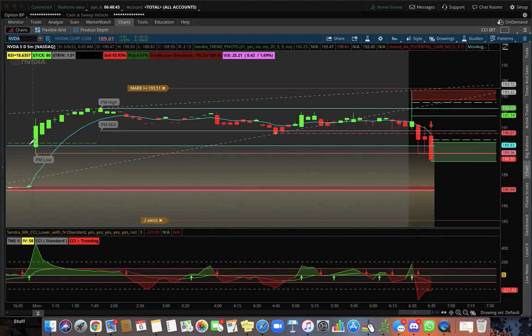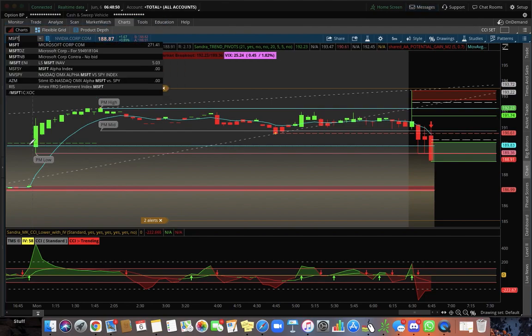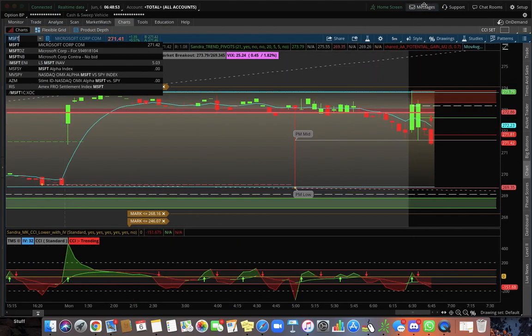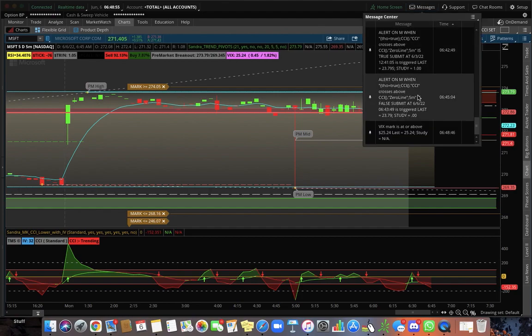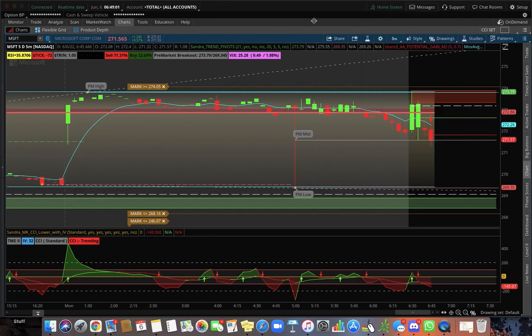So NVIDIA right now is just in a range. Go back to AMD, it's getting ready to hit. I had an alarm on VIX rising up to a specific area, and it made the alarm go off.